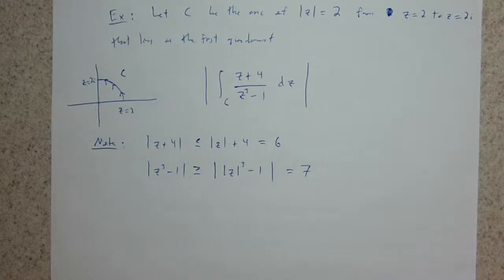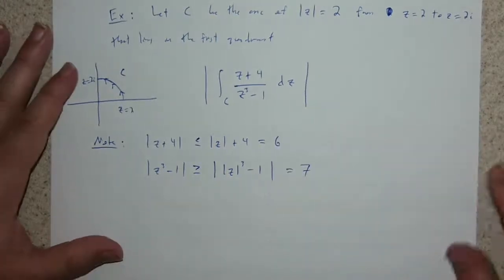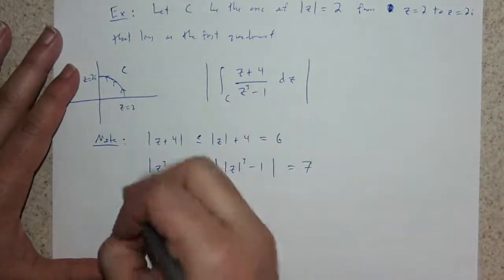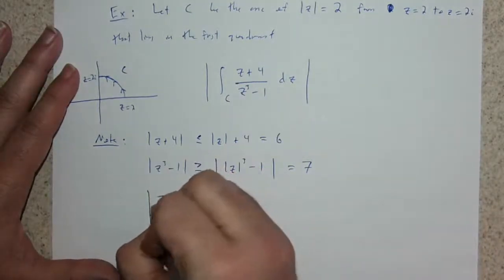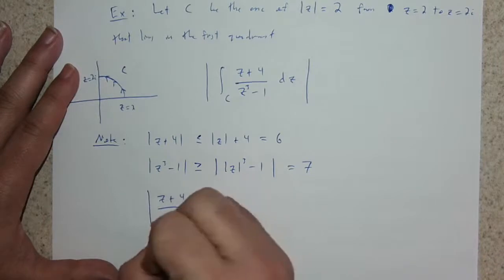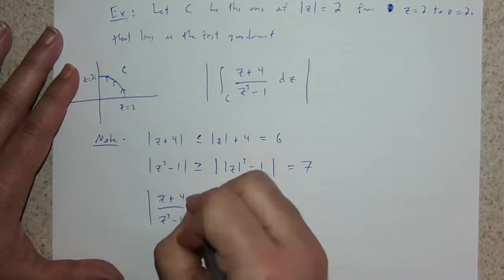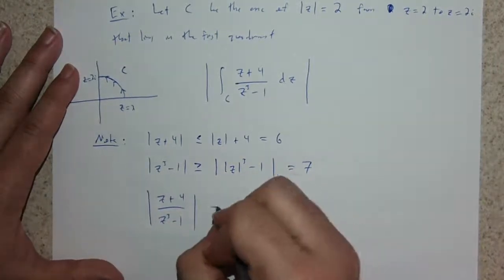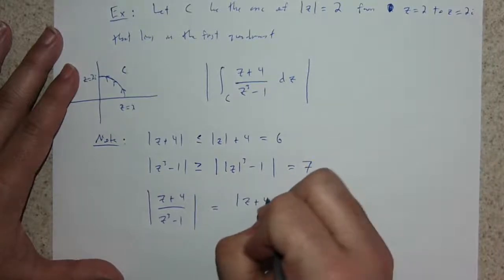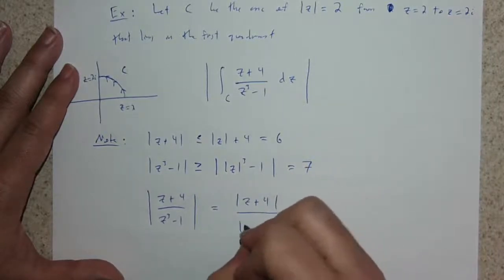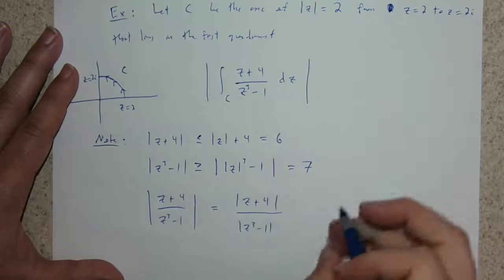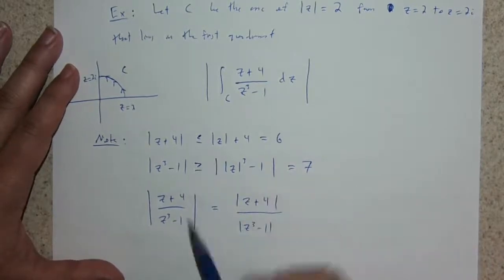And so what is going on here is that if I look at this ratio, z plus 4 over z cubed minus 1, this is of course modulus of z plus 4 over modulus of z cubed minus 1. Let's make sure that the signs go in the right direction.